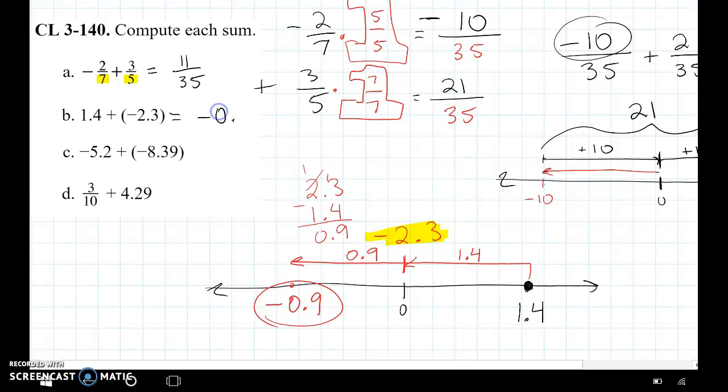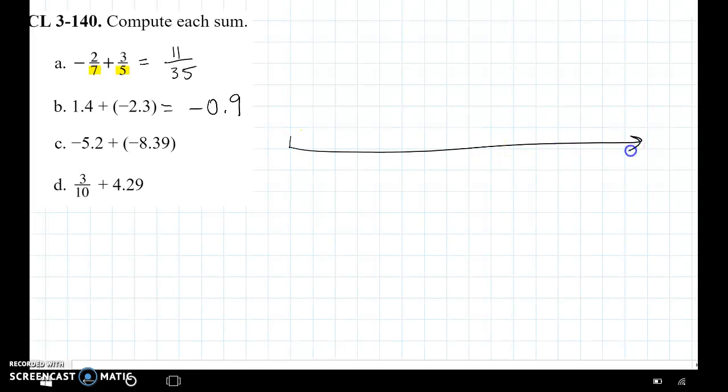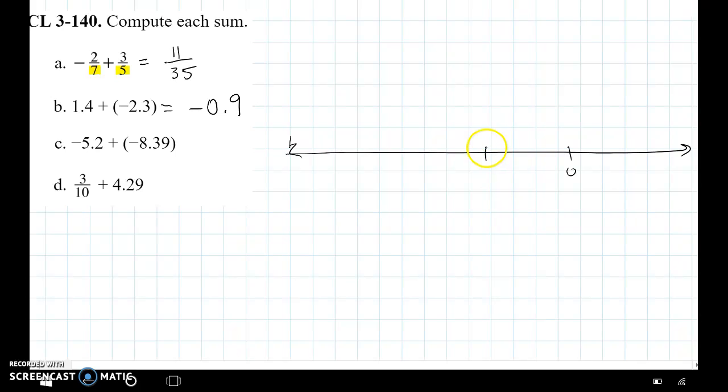All right, let's do C. All right, there we go. All clean. Let's do negative. Oh, here's my number line again. Sorry, it should be cleaner than that. And we're starting at negative. Whoa, let's rearrange this. All right, I'm going to put 0 here because we're already starting at the negatives, negative 5 2/10.